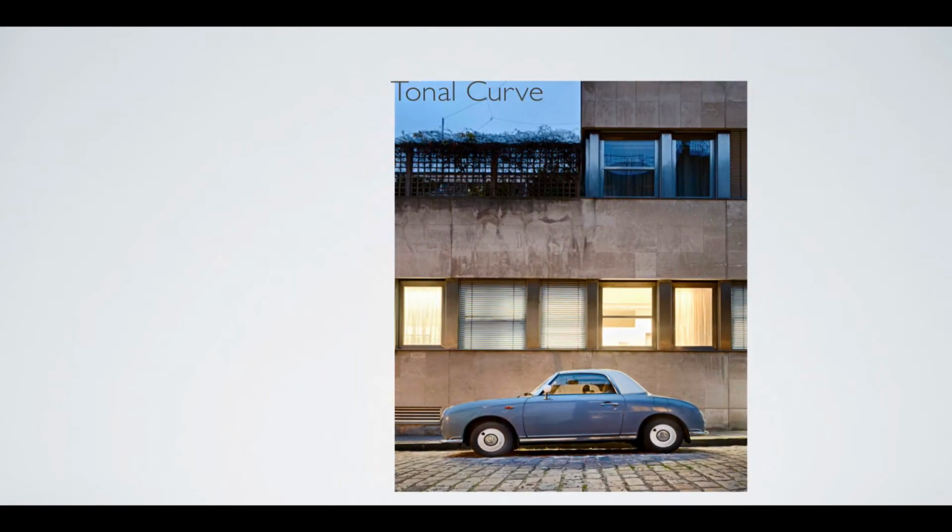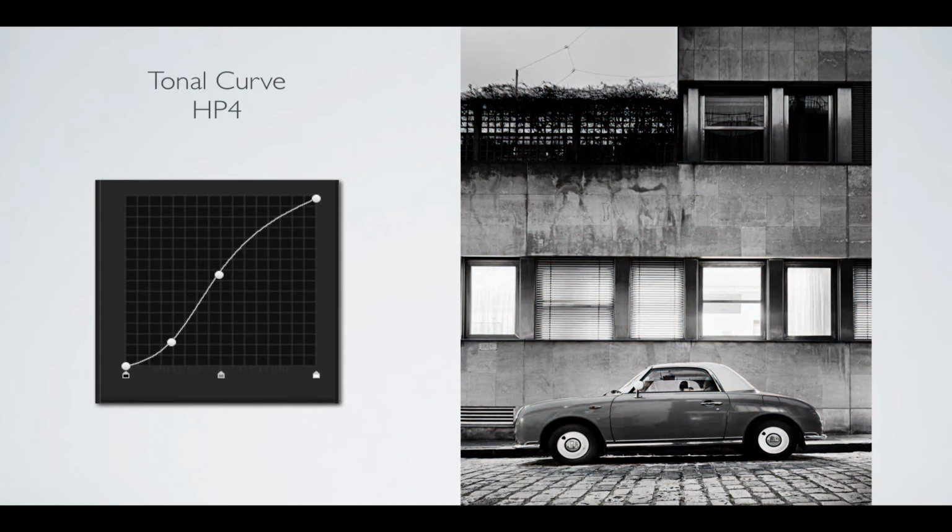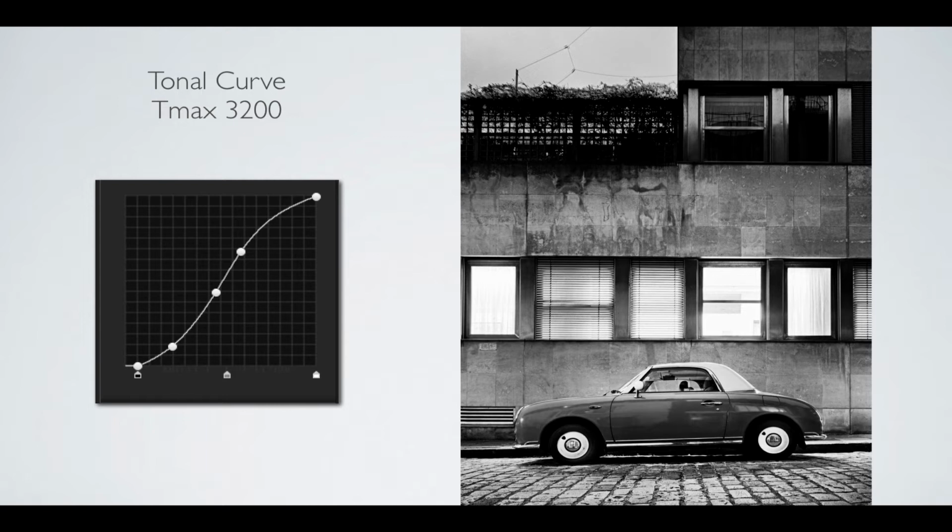The tone curve is the measurement of response that the film has to the exposure, and how it relates to the different shadows, midtones, and highlights. The curve that you see on the left there, the steeper it is, the more contrast we're going to have between the highlights, the midtones, and the shadows. So here's a curve from an HP4 film. Here's a tone curve from a Plus X 125 Pro. And here's a T-Max. Right?